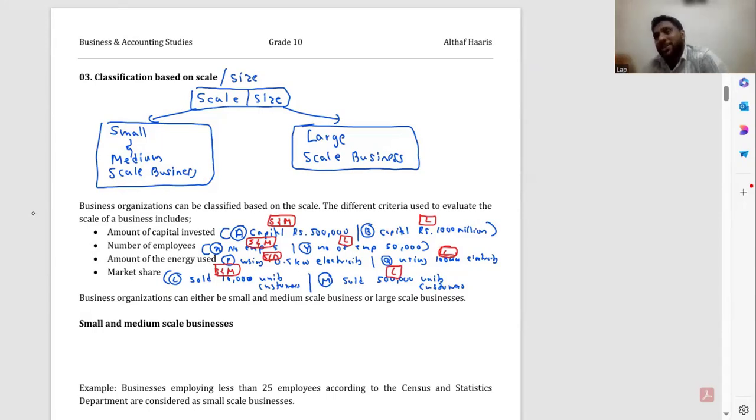You compare dialogue with Apple, Tesla, Microsoft, Google, dialogue will be like this, a tiny business. So that's why I told you it is always relative, people, with the company that you are comparing. Small and medium scale, large scale, always it is relative based on the company that you are comparing.